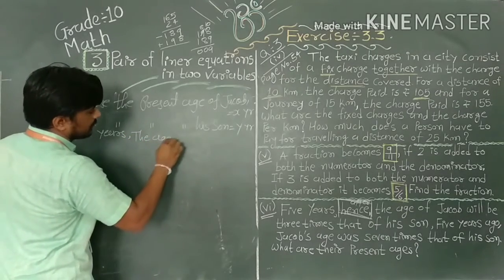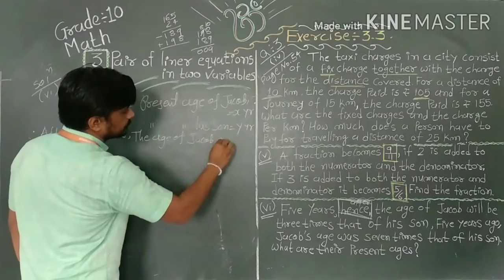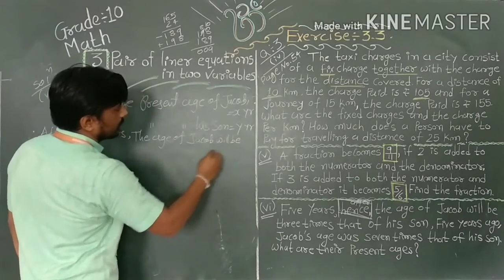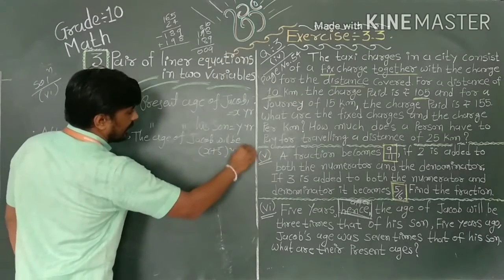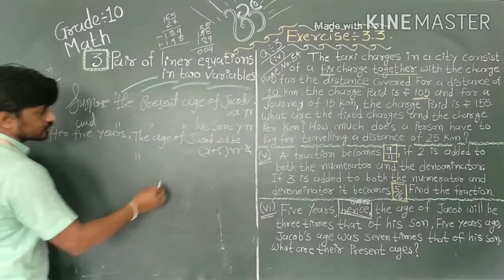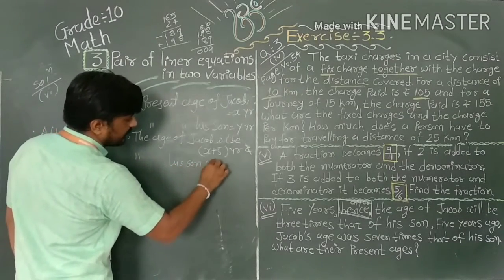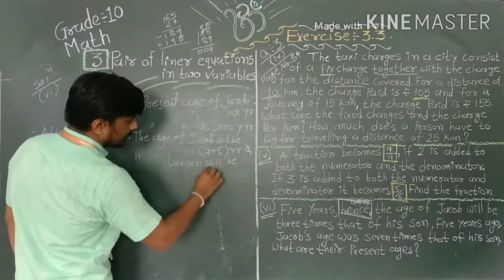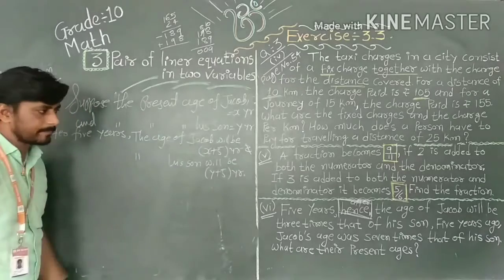The age of Jacob will be x plus 5 years and the age of his son will be y plus 5 years.